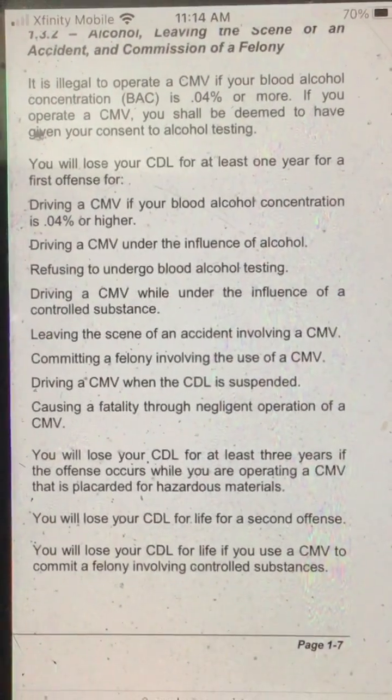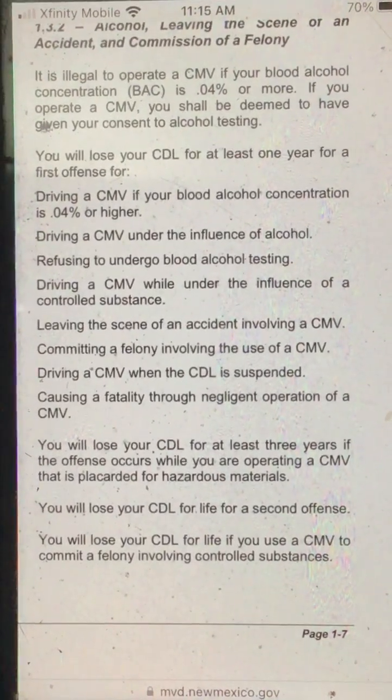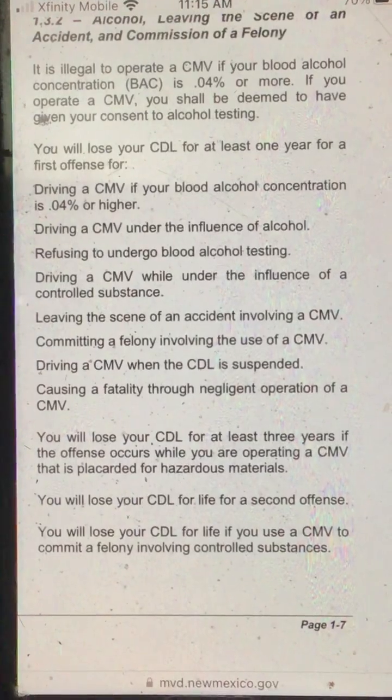You will lose your CDL for at least 3 years if the first offense occurs while you are operating a CMV that is placarded for hazardous materials.